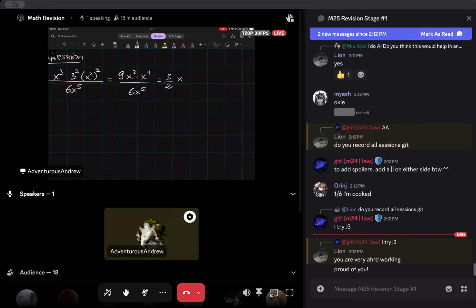Simplifying the powers. Multiplying two powers with the same base, we add the exponents. Dividing two powers with the same base, we subtract the exponents. And that gives you 3 over 2 x squared.